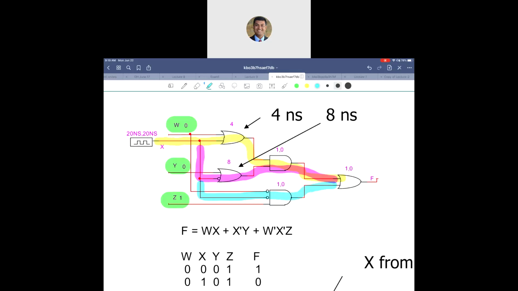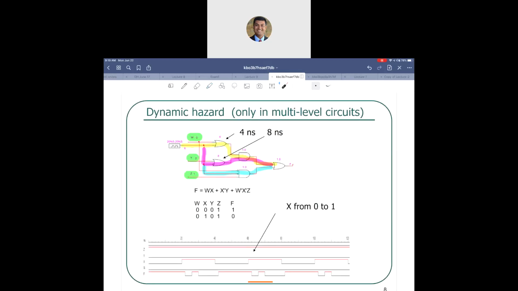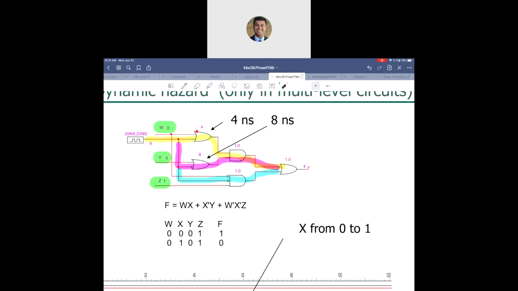So you see there are three different paths that you have to go to the output with the same input x changing. So what could happen here? If you have this function f, written up in the sum of product form, this is essentially a logic expression that is related to the logic diagram over here.